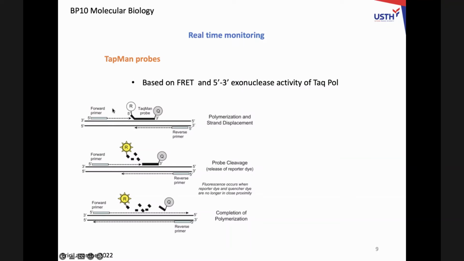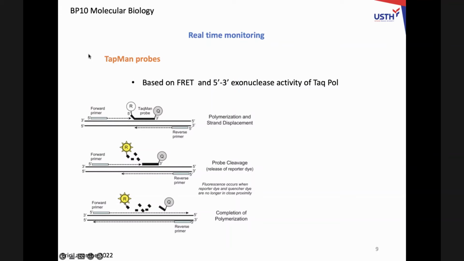So how can you imagine? Multiplexing, I tell you again, is that in the same reaction tube, you can analyze the real-time formation of two different types of PCR product.